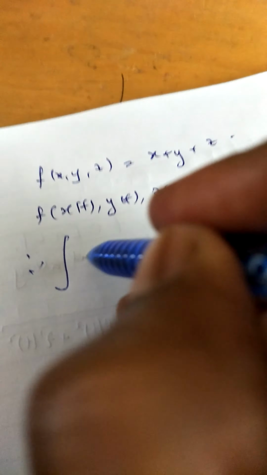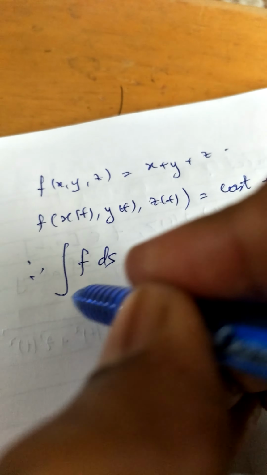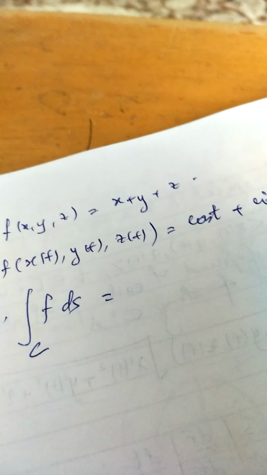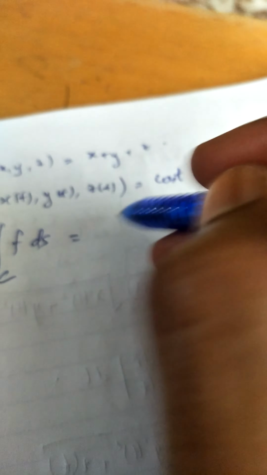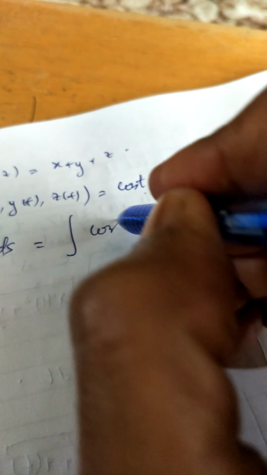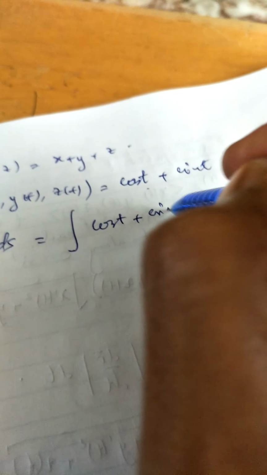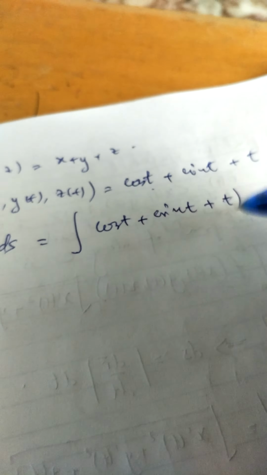Okay, so therefore the integral of f ds along C is equal to the integral over ds. Now we have changed ds into dt, and f is given by cos t plus sin t plus t.